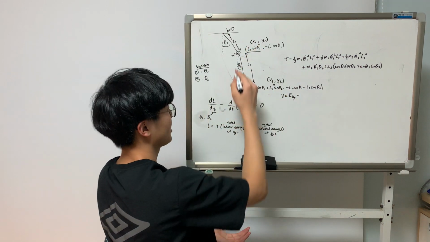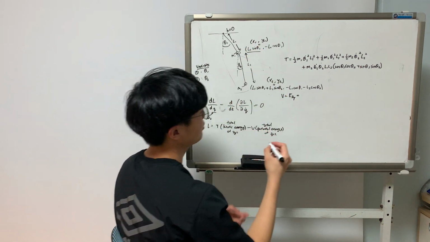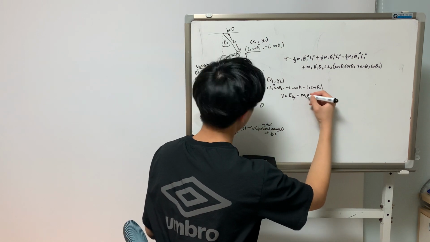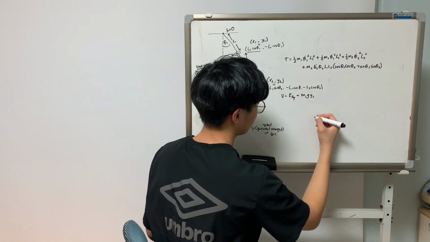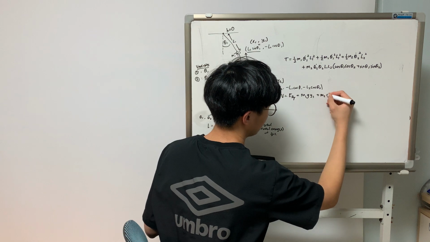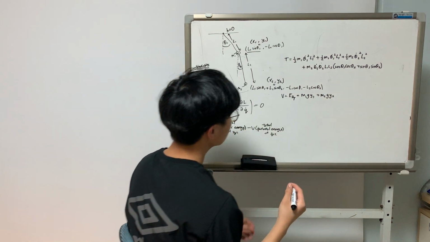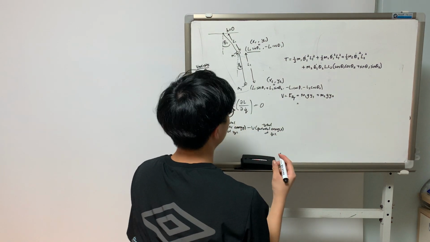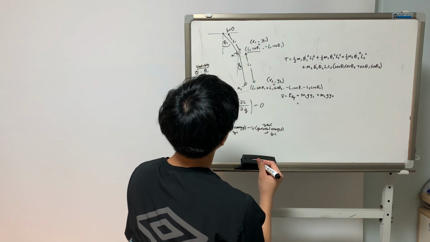Mass is constant, but it's different for these two objects, and so we get m1 g y1 plus m2 g y2.